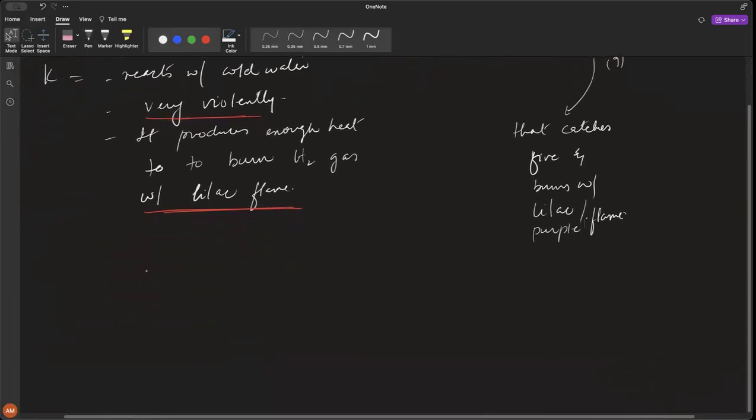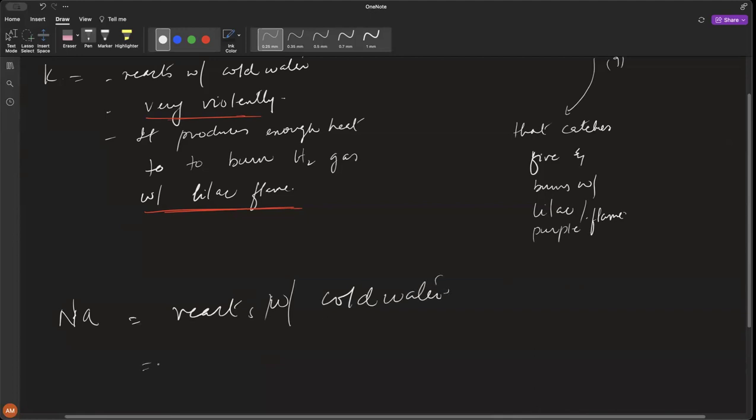GCSE. The next is sodium. Sodium very violently needs to be memorized. You need to memorize. All right. So it reacts with cold water, number one. Secondly, it reacts violently.